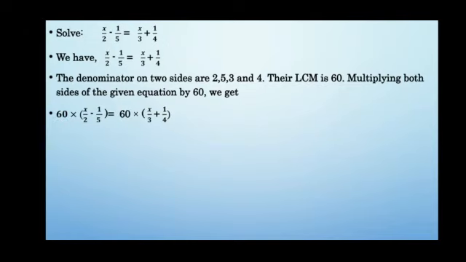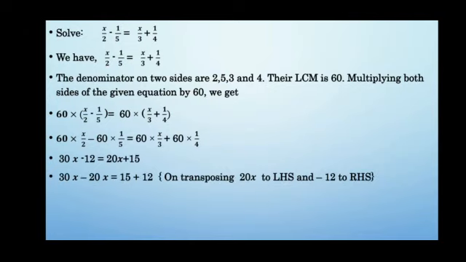Then we have 60 multiplied by x/2 minus 60 multiplied by 1/5 is equal to 60 multiplied by x/3 plus 60 multiplied by 1/4. On simplifying, we have 30x - 12 = 20x + 15, which is the simplest form of the given equation.